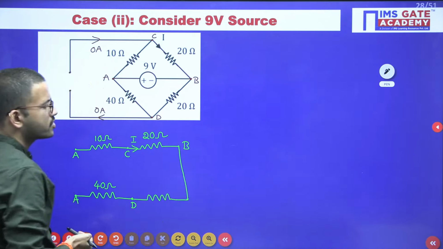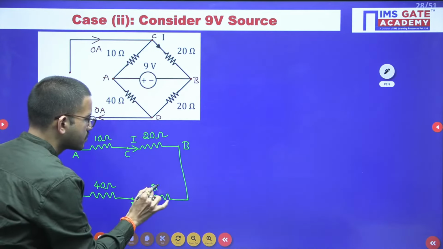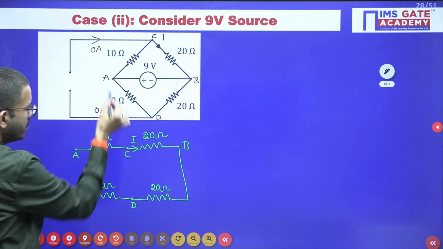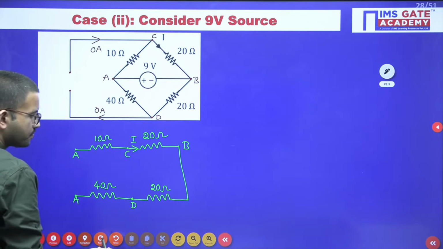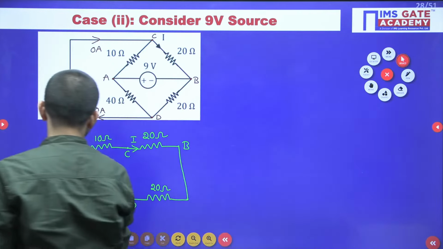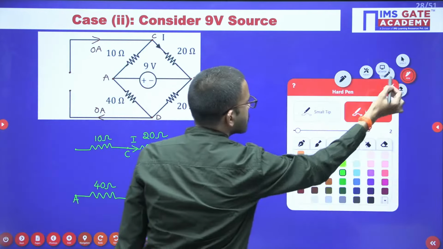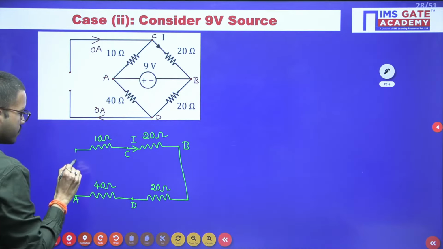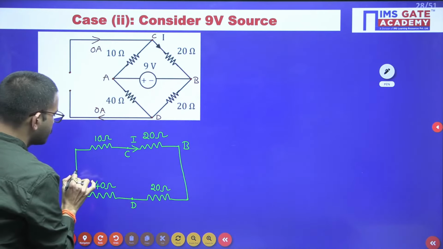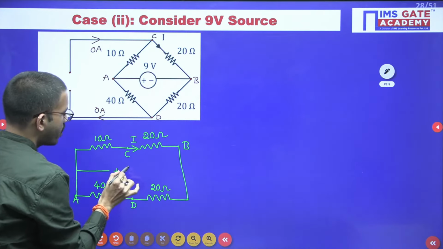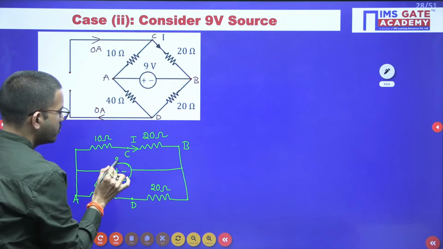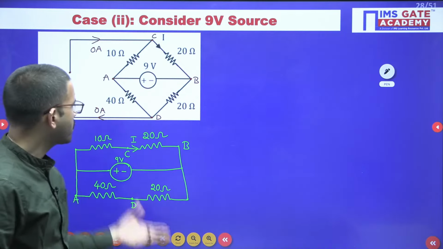If you carefully observe, between A and D these 2 points we have to short. Now between A and B you have one voltage source. Its value is 9 volts. Between A and B you have 9 volts. I hope all of you are getting it.